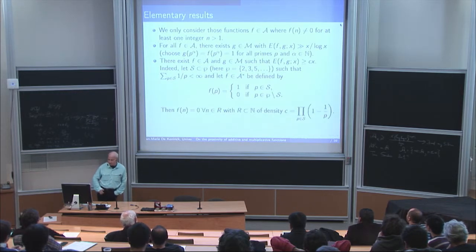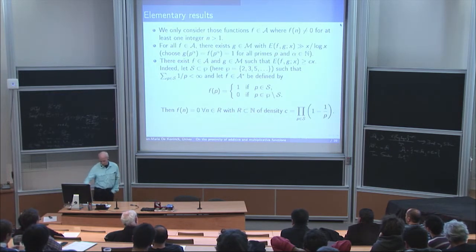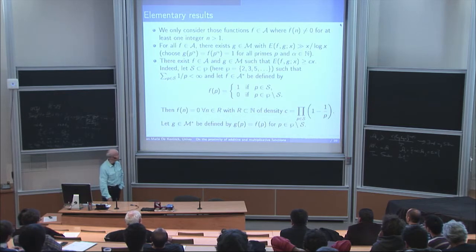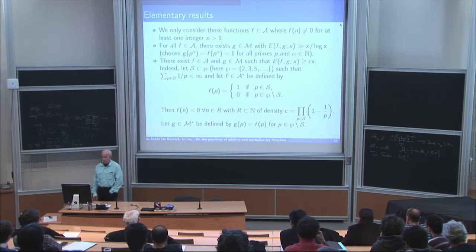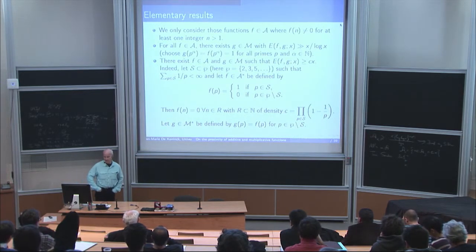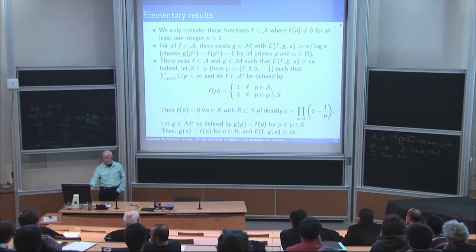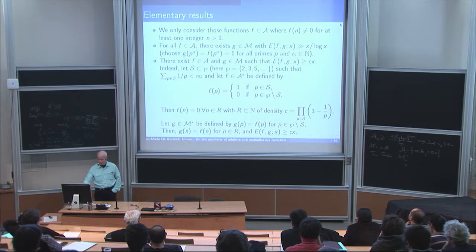Then it's an easy exercise to show that f of n is 0 on a set of positive density, just the product of 1 minus 1 over p, which converges obviously because the sum of 1 over p converges. And then define g strongly multiplicative by fixing g of p equals f of p for all the primes outside of S. And then it's easy to see that they coincide at least on some set R, and then on the same set R we get E of f,g,x be equal to c x.